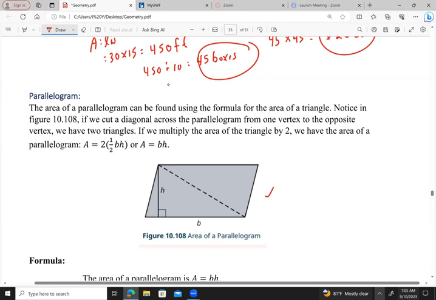If we multiply the area of the triangle by 2, we have the area of a parallelogram. So our area is 2 times the area of our triangle, which is 1/2 base times height. So our area is base times height, where the height is a perpendicular line dropped down.